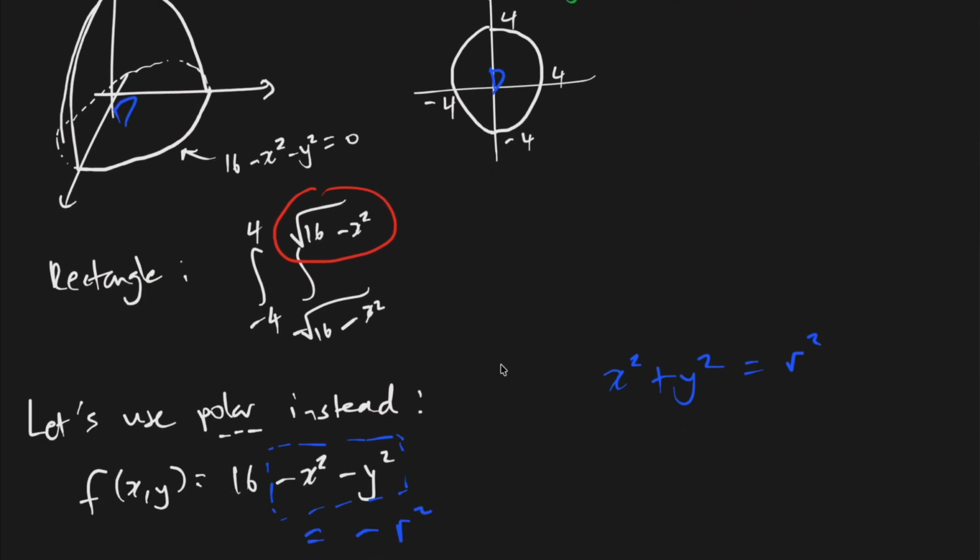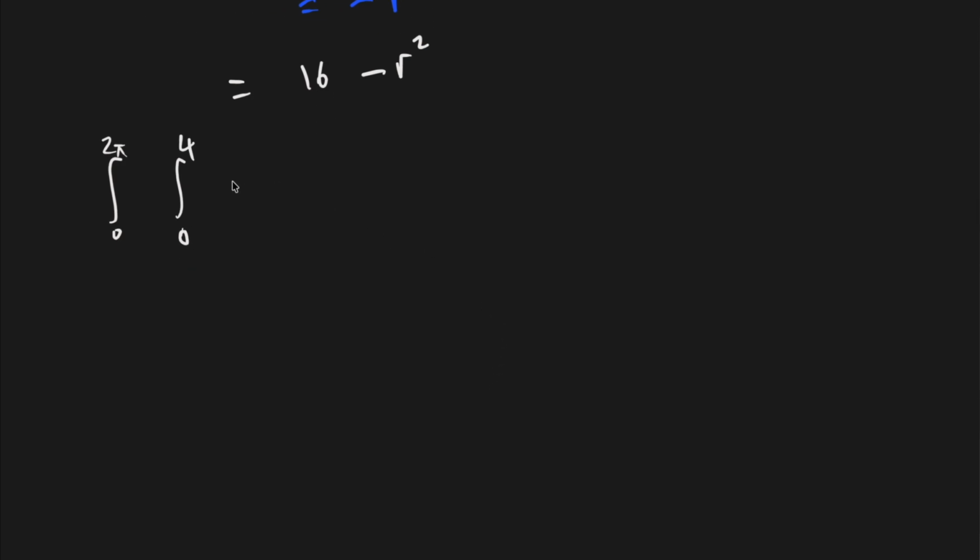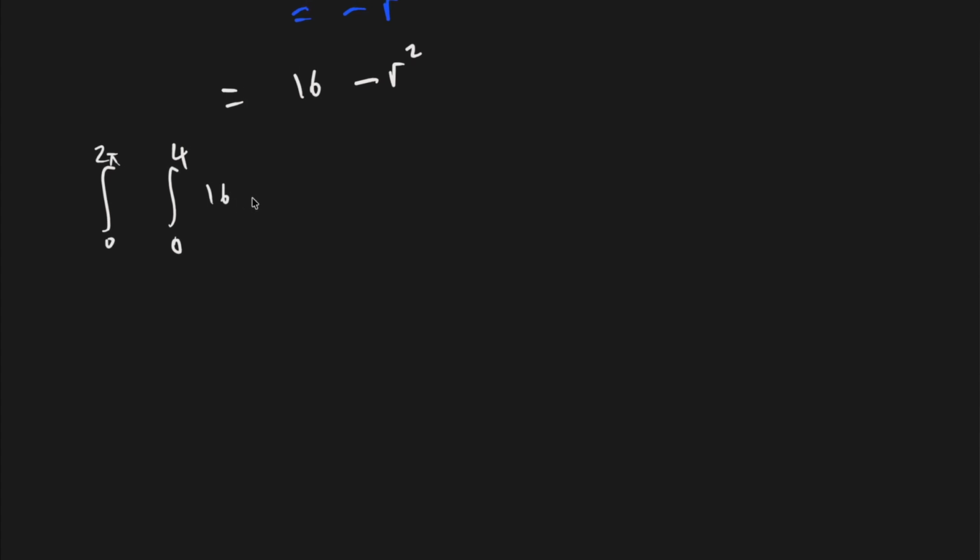So it's going from 0 to 4. And our equation of the actual function is 16 minus r squared.